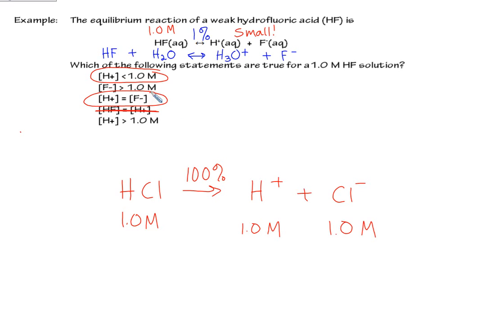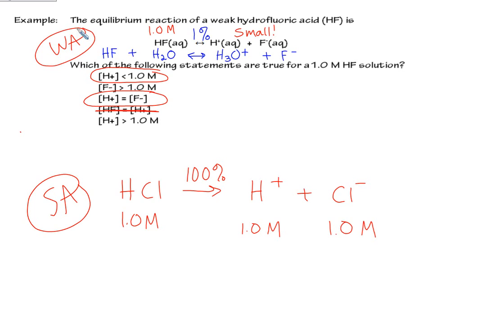The hydrogen and the fluoride will be formed at a 1-to-1 ratio. So whatever I get for hydrogen, it should be the same as the amount of fluoride formed. But it's just not going to be 1 mole per liter like I would have in something like HCl, a strong acid. Now this guy, it tells me it's a weak acid.